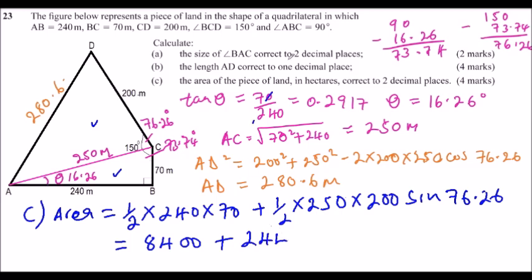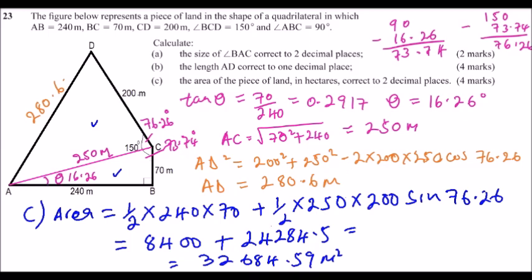24,000 and 284.59, which when you add, you'll be able to get 32,684.59 meters squared.